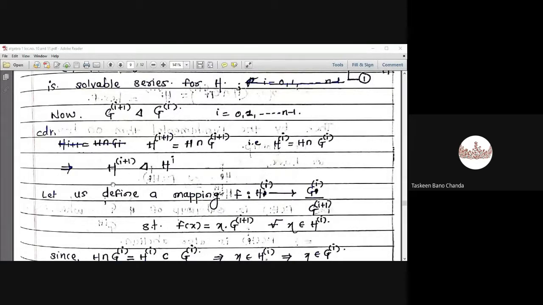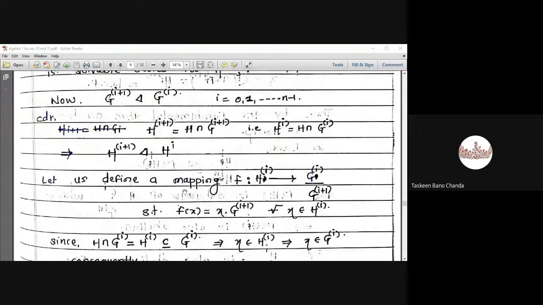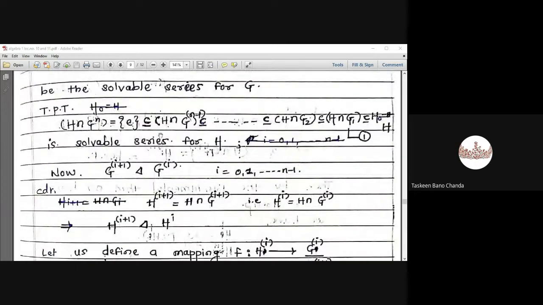Okay, now we have to define one mapping f from Hi to Gi upon Gi plus 1. Why are we going to define this function? Because we have to prove that this is the abelian factor.